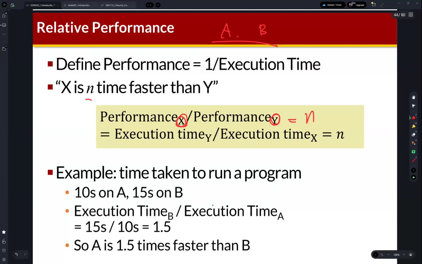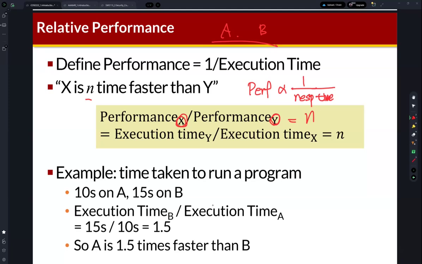Actually, the performance of a system is inversely proportional to the response time.